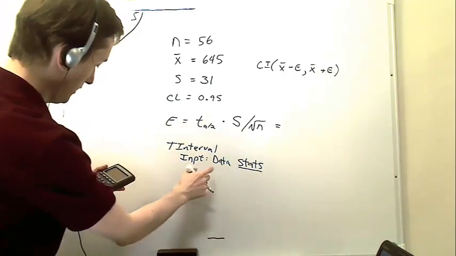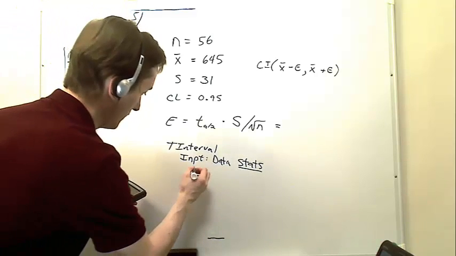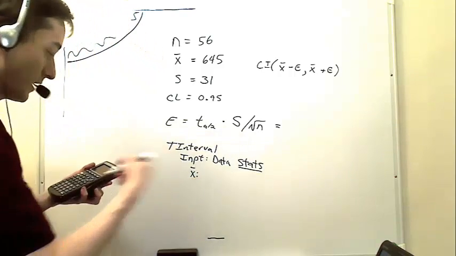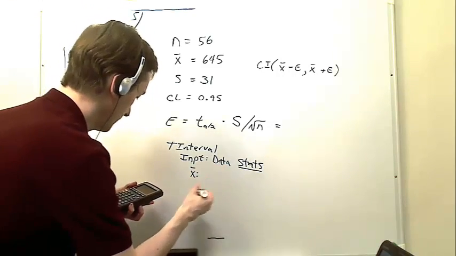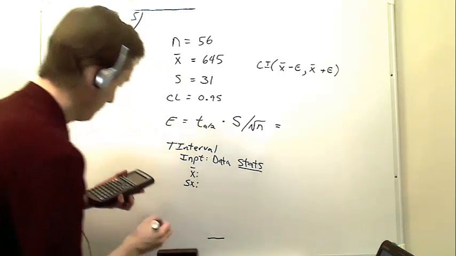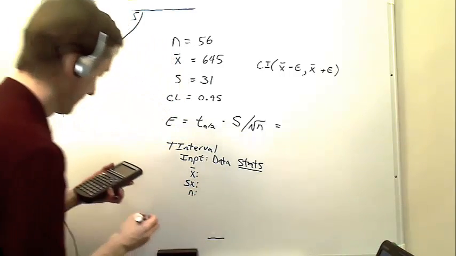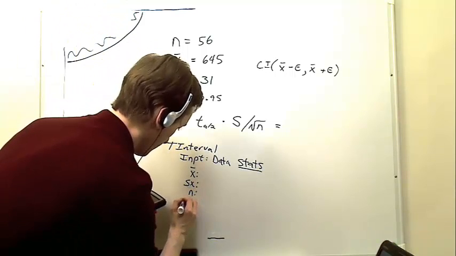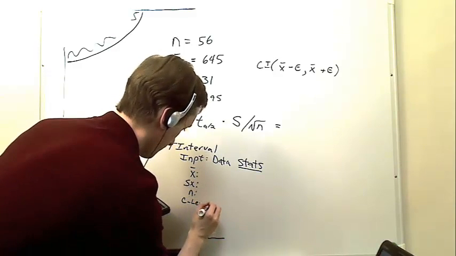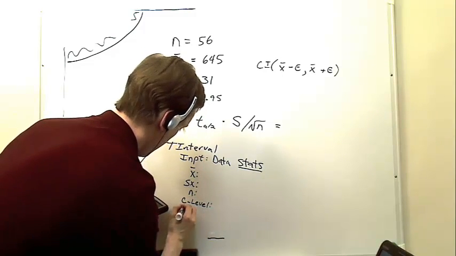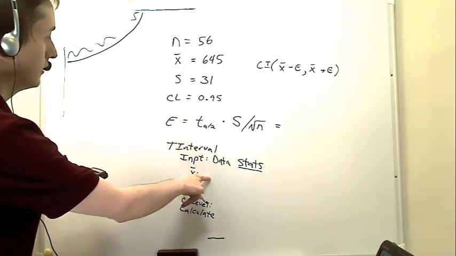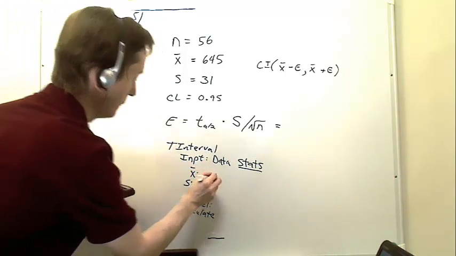When you do that, what shows up below is X bar. And this is where you input data. Your calculator might already have numbers in there from previous calculations, but we'll be putting in new values here. At the bottom they have C-level and then calculate. We're going to put here 645.